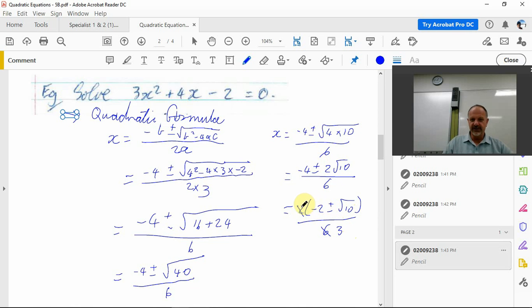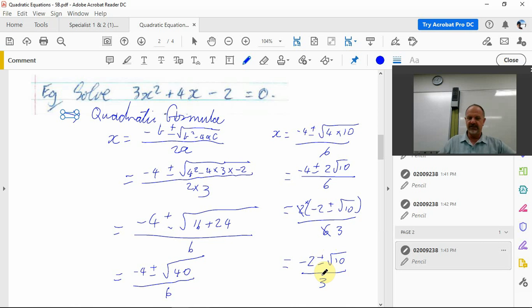You need to take that out, so you've got the times here before you can cancel, whereas at the moment in between there, it's a plus and a minus. Once we've done that, we've got -2 plus or minus root 10 over 3.